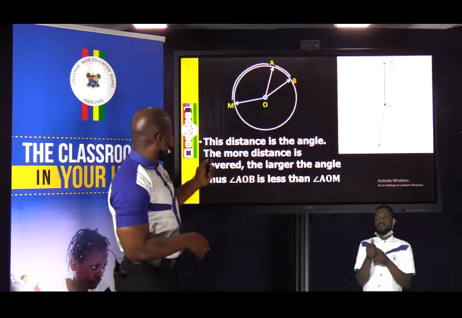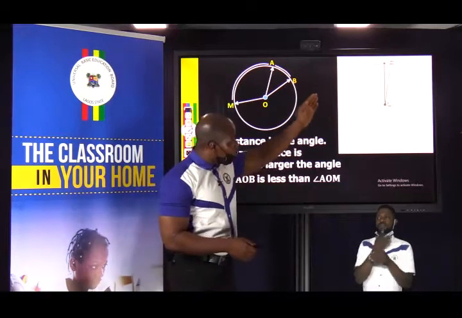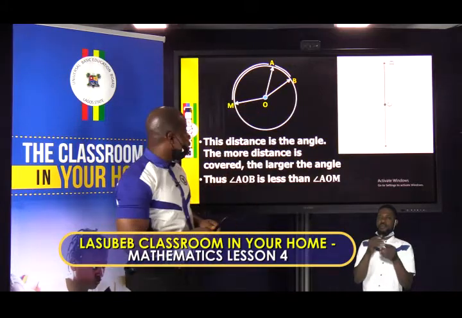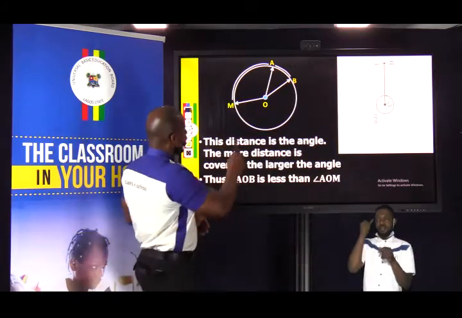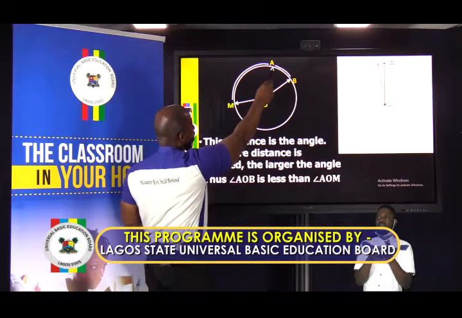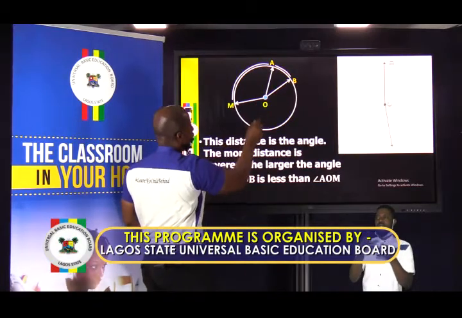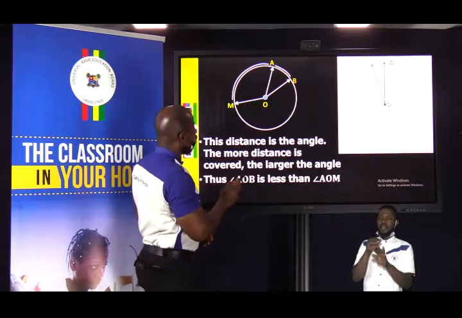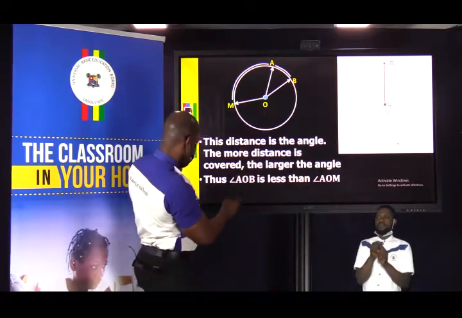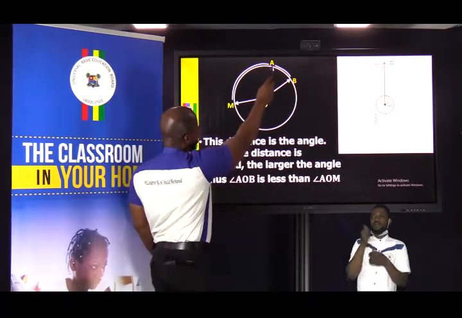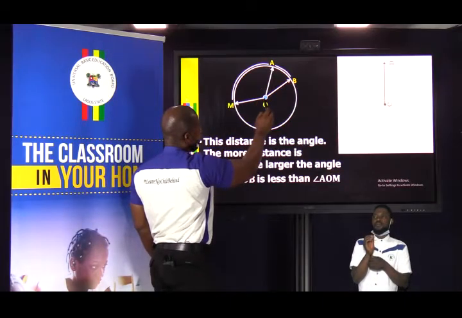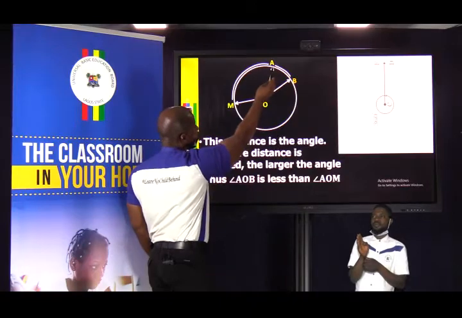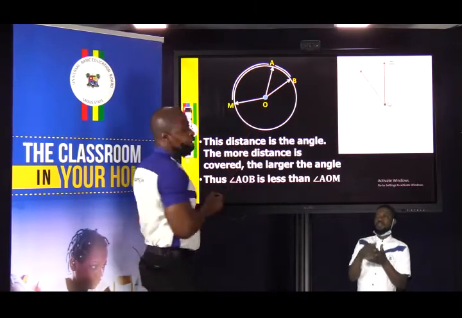Now, the total distance moved at any point in time by the line that is moving about is called the angle. So imagine that this is a line, and this is another line, this is another line. They're forming angles because they're all meeting at this point. Now, if we have AOB, that is this angle from A at the center O to the B, assume it starts from here and it has moved to this point, it has formed an angle.